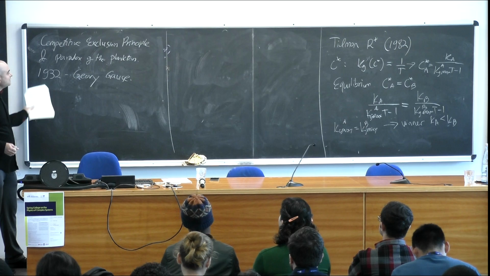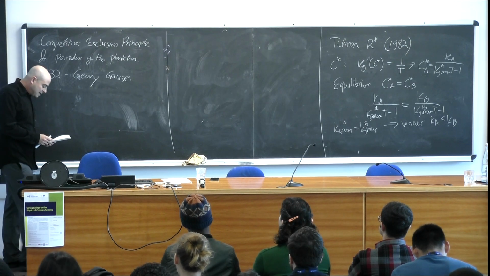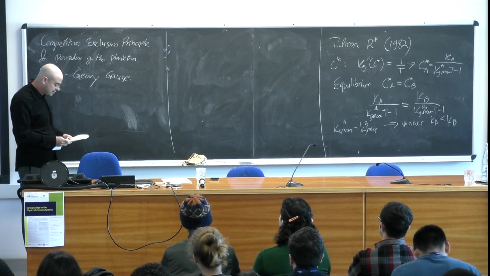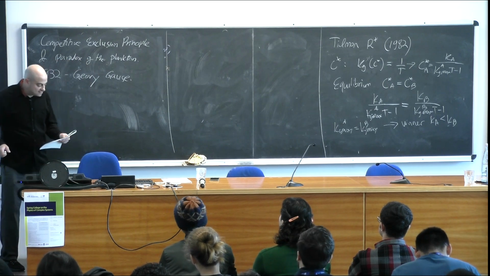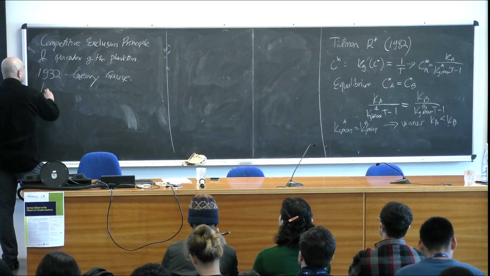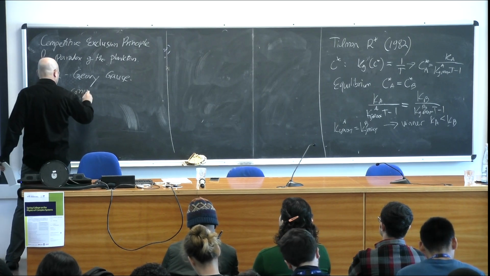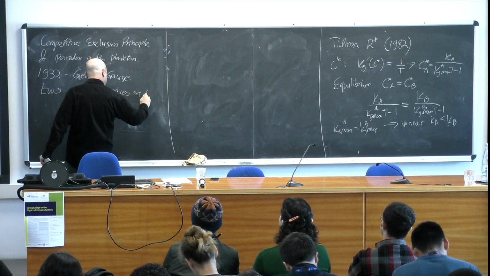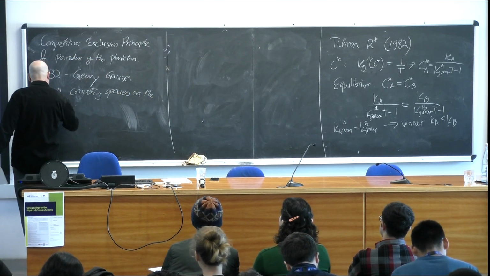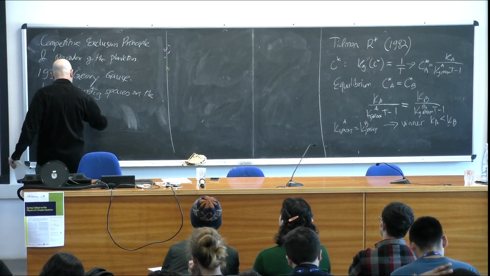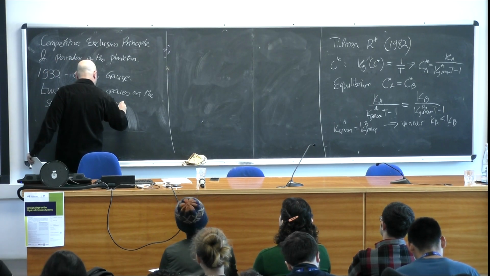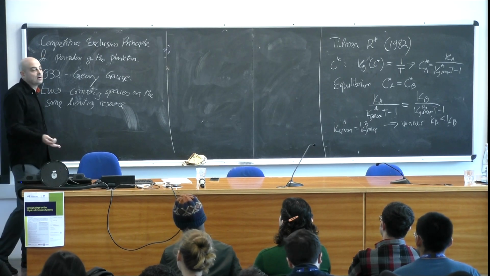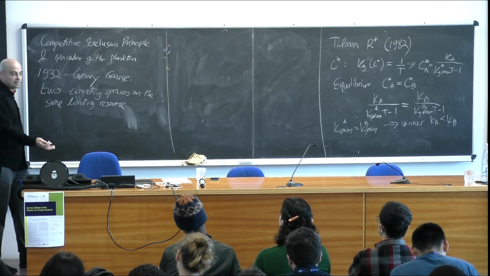And specifically, the competitive exclusion principle was an experimental observation where he grew two competing species on the same limiting resource. Okay, so we discussed Liebig's law of the minimum yesterday, right? So there is one limiting resource and now two competing species.